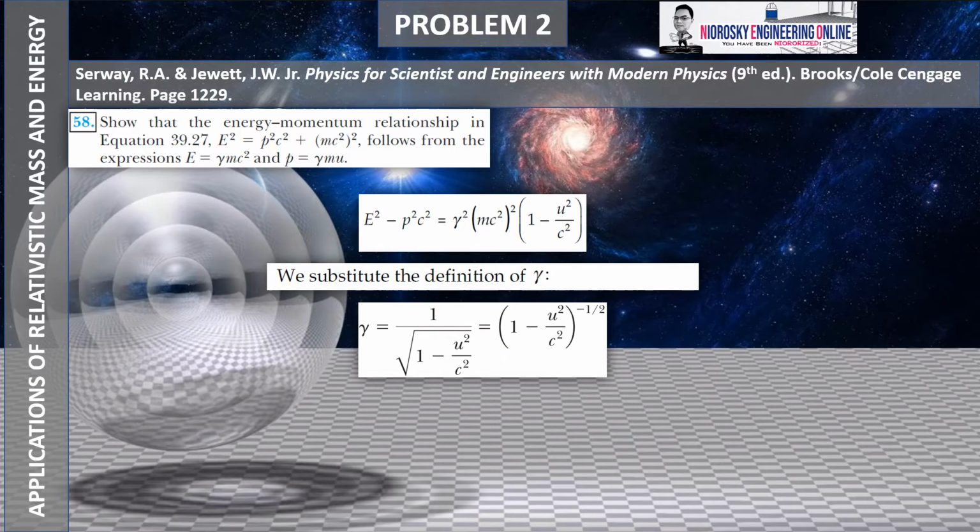As we supply that value, 1 minus u squared over c squared raised to negative 1/2, in terms of the existing gamma raised to 2 in the latter equation that I have discussed, that would cancel out the exponent 2. 2 over 2 is 1. So therefore, that will yield a power of negative 1.